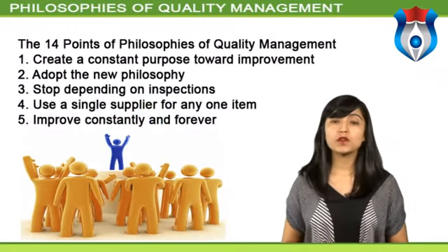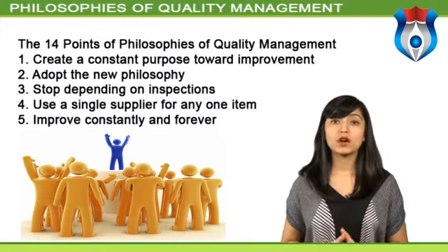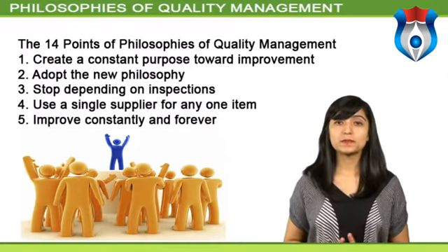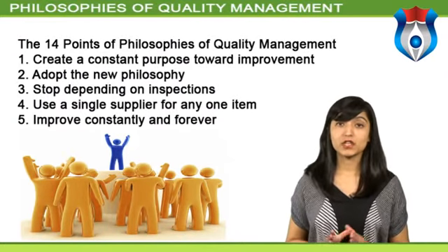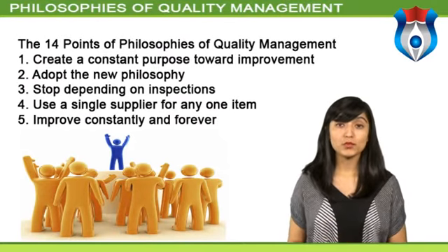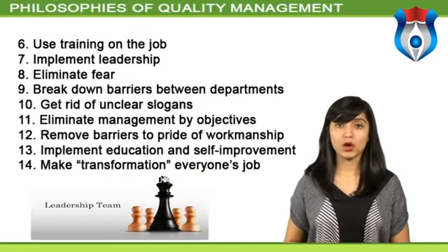The 14 points of Philosophies of Quality Management. Create a constant purpose toward improvement. Adopt the new philosophy. Stop depending on inspections. Use a single supplier for any one item. Improve constantly and forever. Use training on the job.